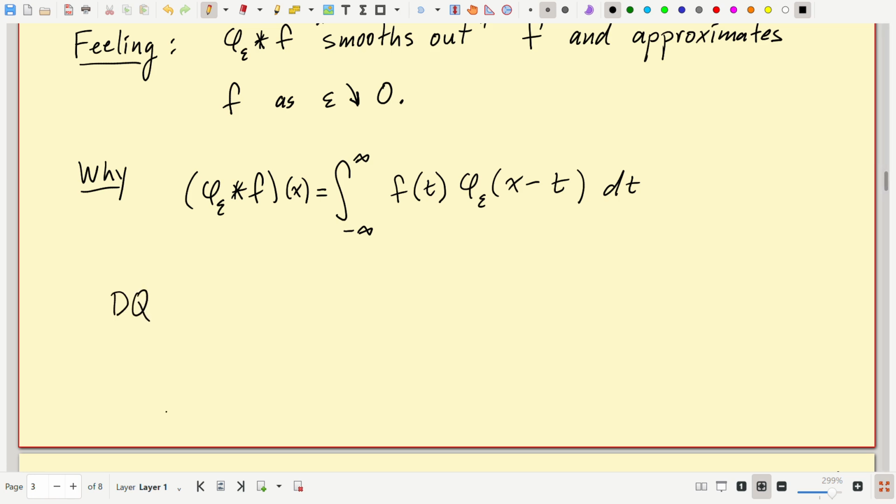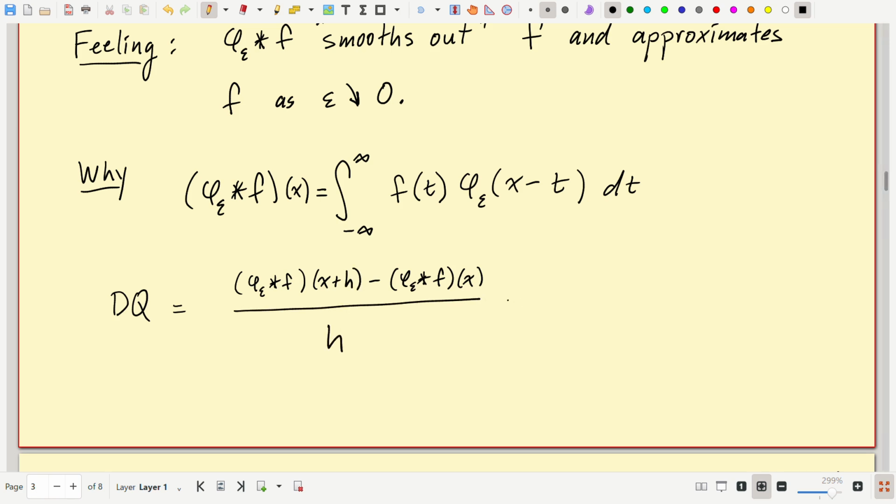I would write a difference quotient: phi sub epsilon convolved with f at x plus h, minus phi epsilon convolved with f at x, divided by h.